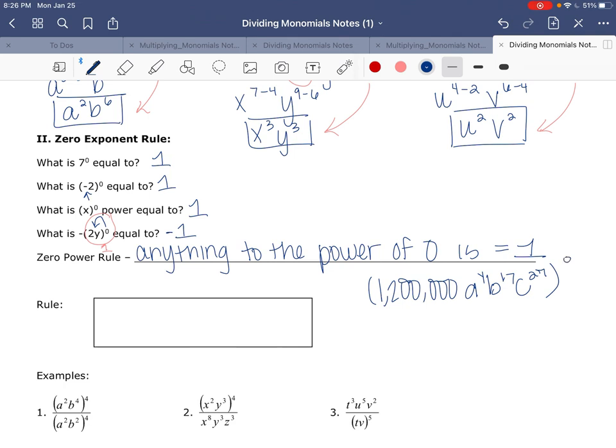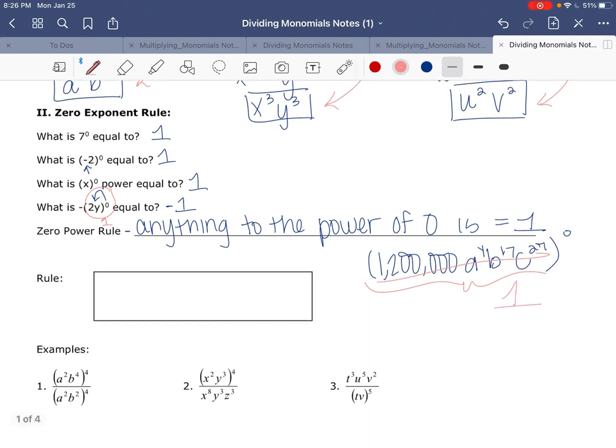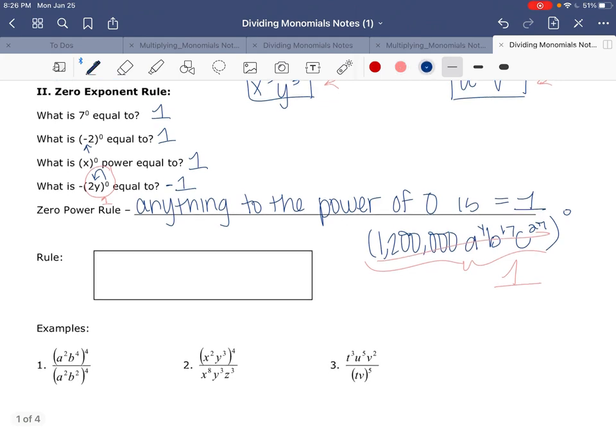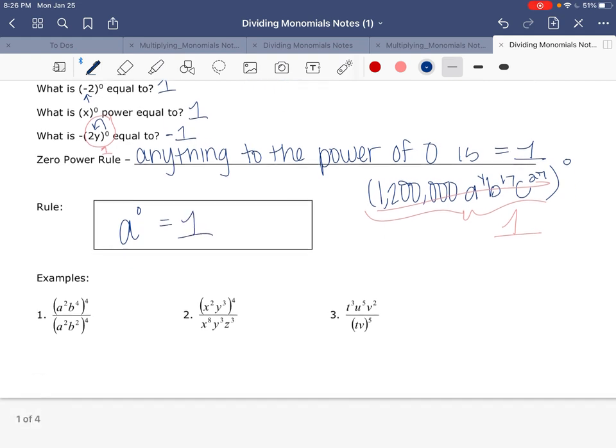And if I put it all the way to 0, everything inside of this parentheses just becomes a positive 1. So we like this rule. So for our algebraic rule, we have a to the power of 0 is equal to 1. Super fun.